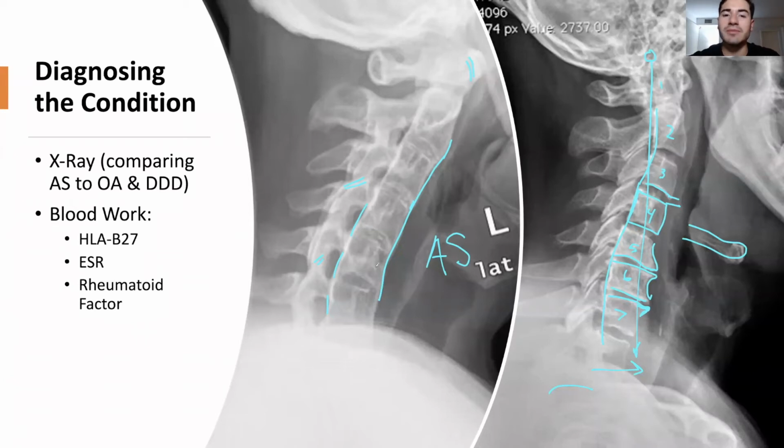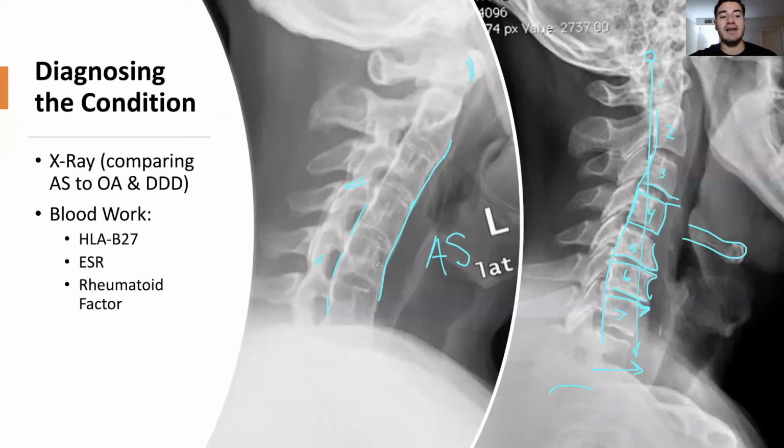So the first thing that somebody would do is send you for an x-ray, to see if there's any joint involvement and any signs of AS. The next thing that a prudent doctor would do is send you for blood work. The first one that's very common among people with AS to check for is HLA-B27.